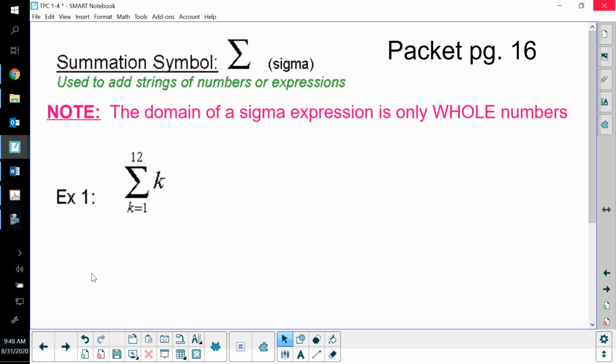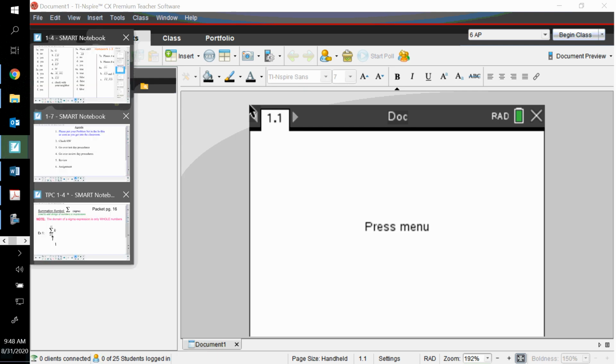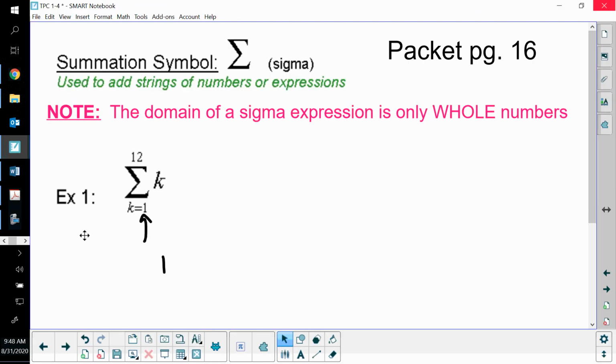So here's the first example. What we always do is whatever the bottom number is, we sub that in for the variables in the expression. In this case, we only have k. So we would start out by subbing in 1 for k. And then it's a summation, so we add.